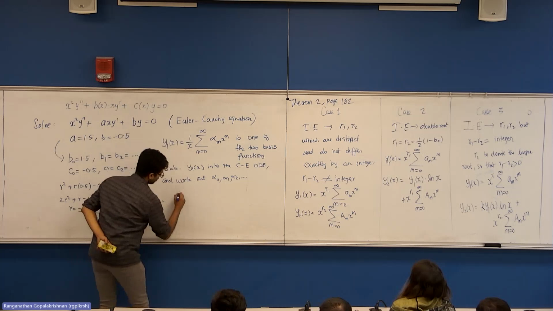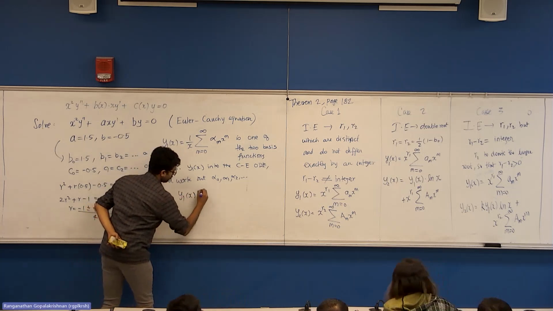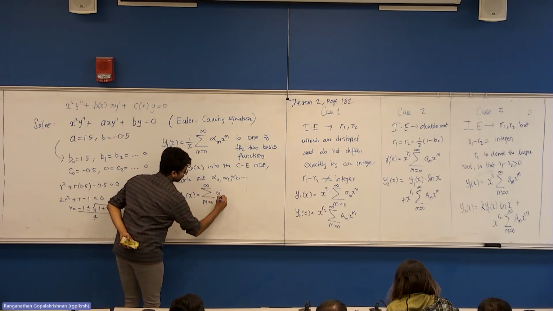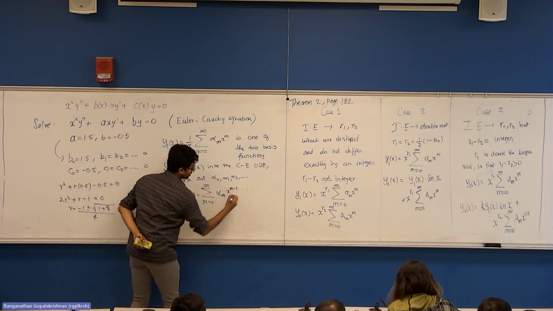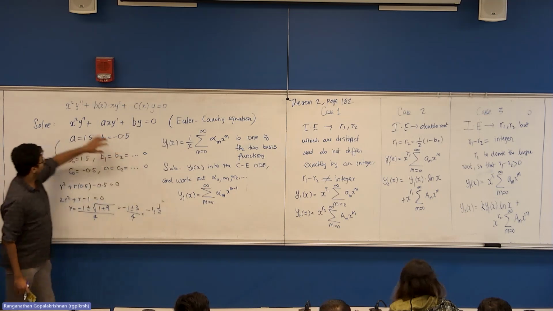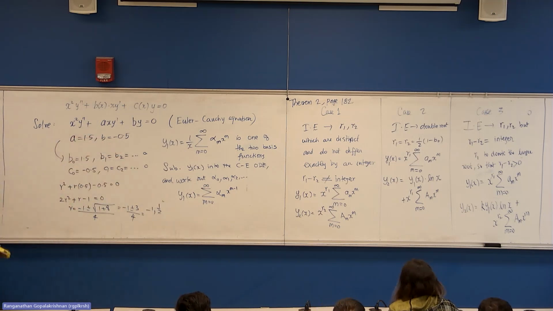So this is nothing but y1 of x equal to the summation from m equals 0 to infinity of alpha m x power m minus 1. So compute the first and second derivatives, put them back here and get values of alpha.